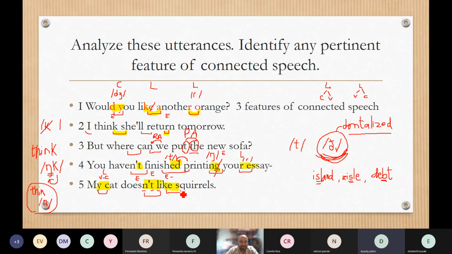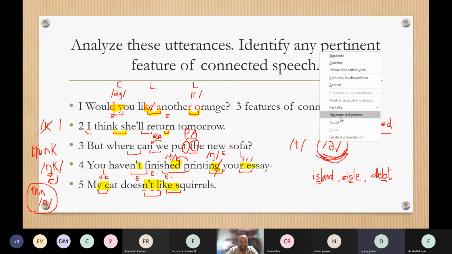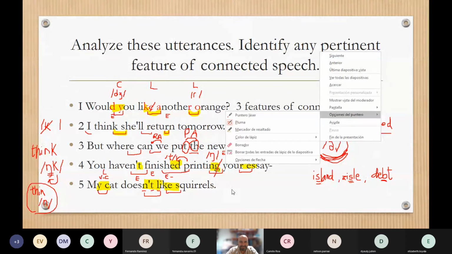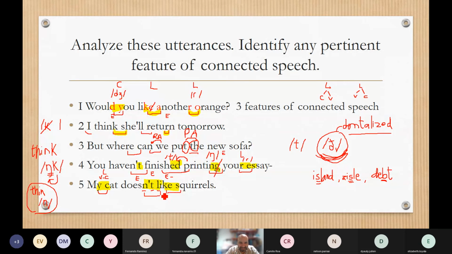A regressive we have in this case? Maybe it's a regressive, or it could be progressive. You have to decide one of them. My suggestion would be say like, and then say squirrels.